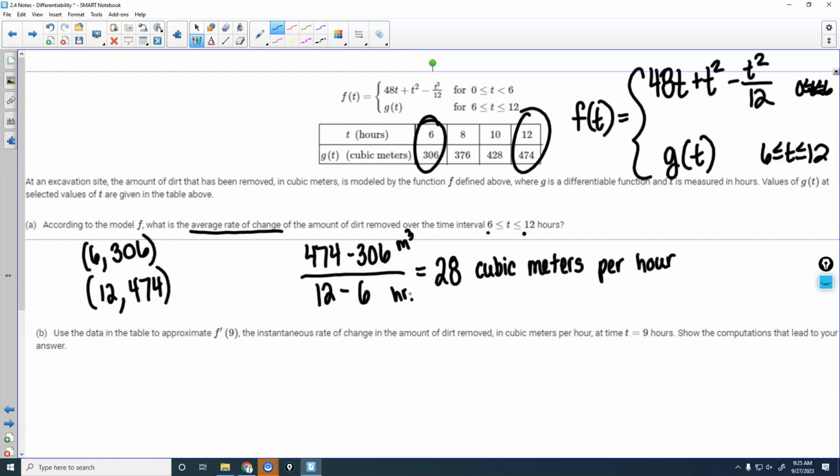So dirt's being removed at an average rate of 28 cubic meters per hour. Yes? You can also write m to the third divided by hr. Yes, that'll be fine. The only thing I would caution on writing m to the third divided by hr, make sure you're very confident about where that exponent goes.